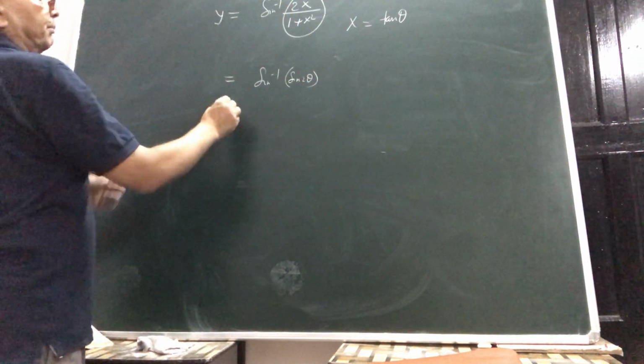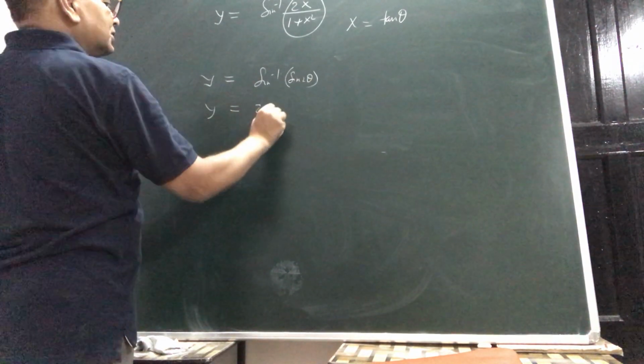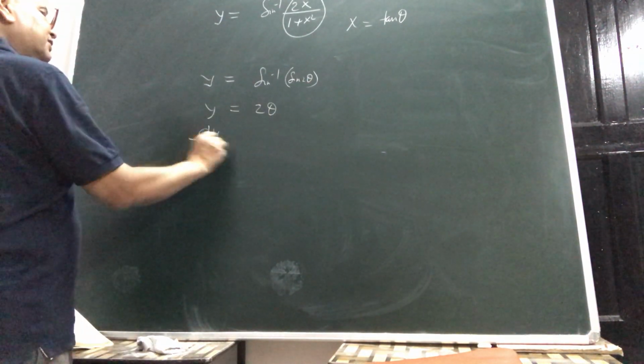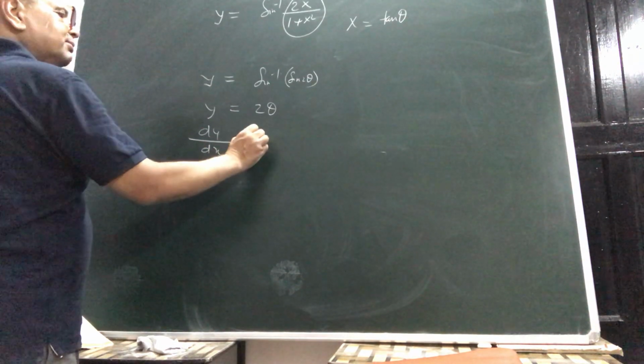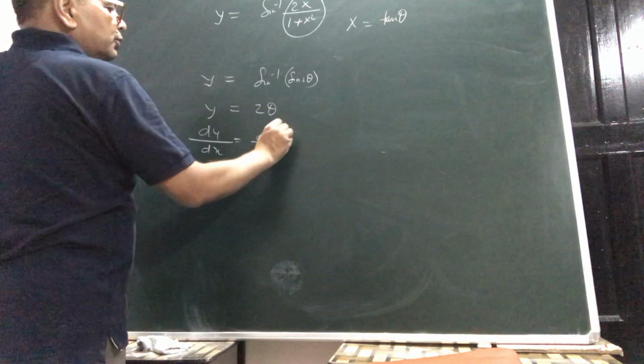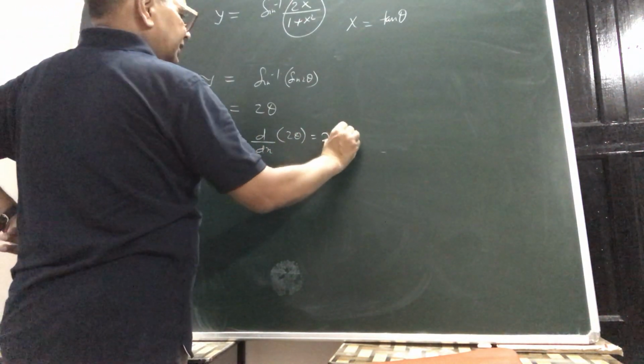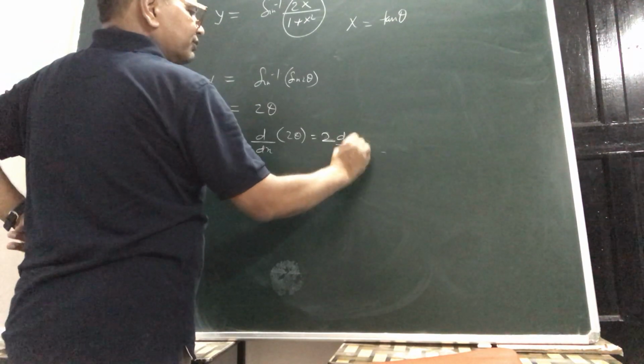Okay, so this is simple. Now, y is simple: sine inverse sine 2 theta is 2 theta only. And then dy by dx you have to determine. So you will write dy by dx of 2 theta, and this you can write as twice d by dx of theta.